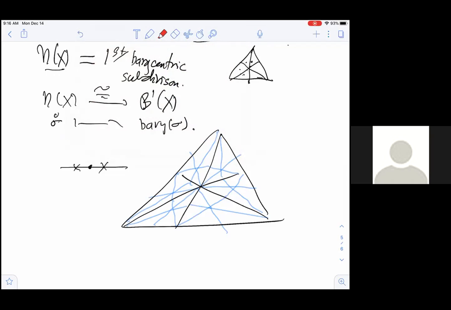And what we're interested in is the star of the barycenter. Okay.